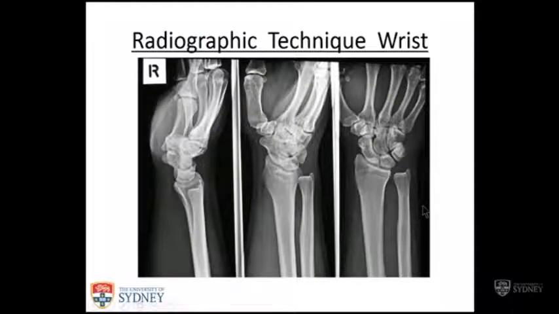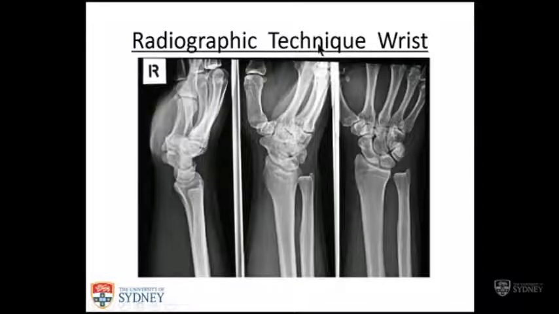And basically what we're trying to achieve is something like this. Our 3 projections: lateral, oblique and PA. It doesn't really matter how you present them, in what order, but they need to look something like that.